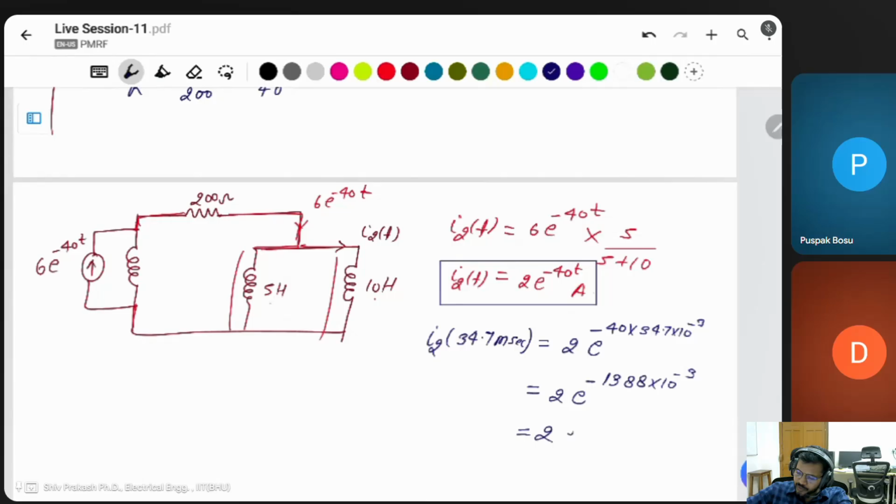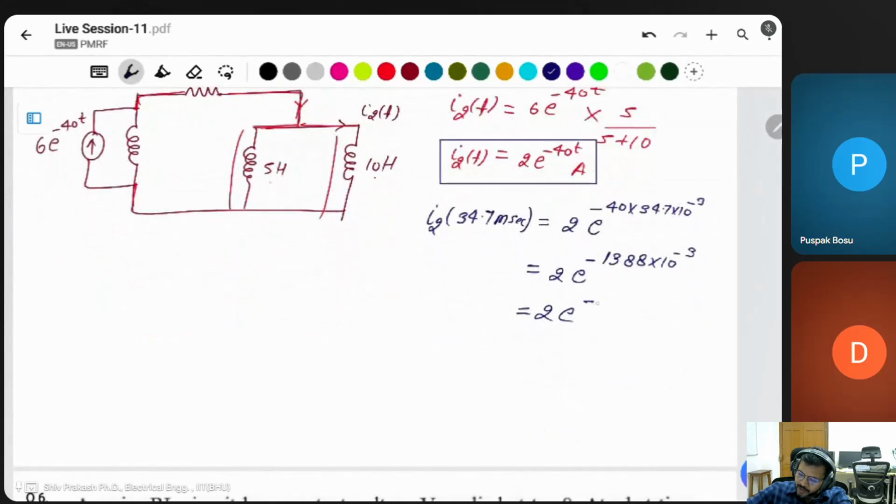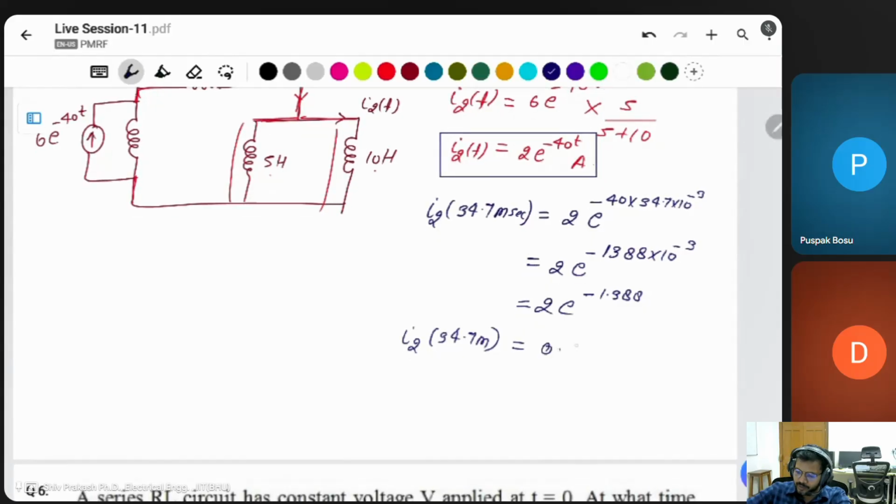This will be 2 e to power of minus 1.388. So I2 at 34.7 millisecond is 0.499, which is approximately equal to 0.5 ampere.